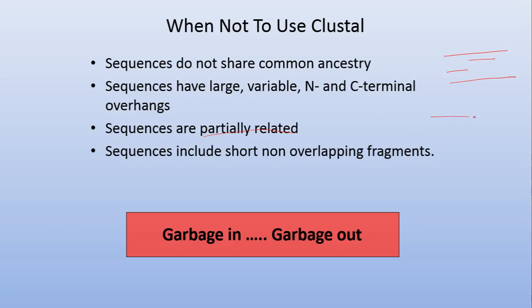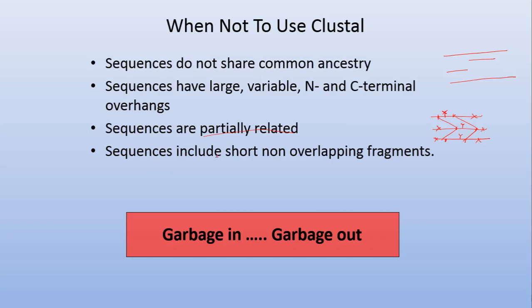Say only two or three sequences are related in small regions like this, and the remaining sequences are not related, then you are not supposed to use Clustal W. That means only a short region, like region Y, is similar in these three sequences and the remaining sequences are not similar or related. In such a case, you are not supposed to use Clustal.